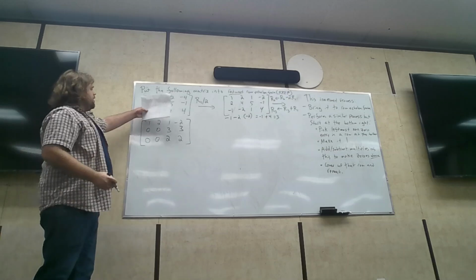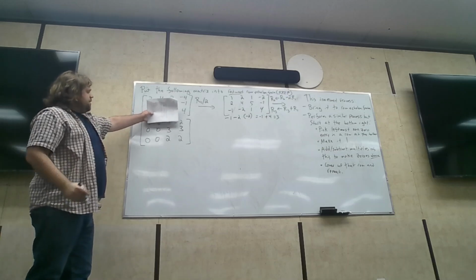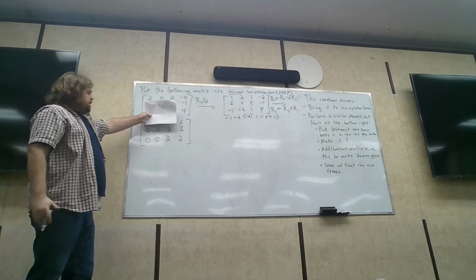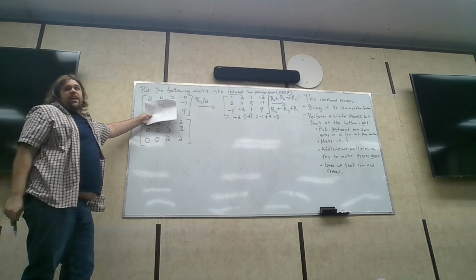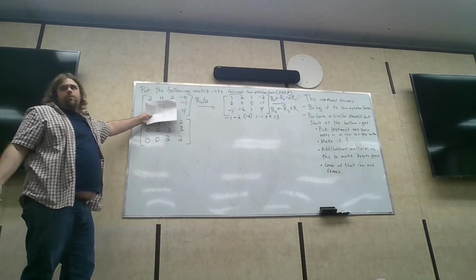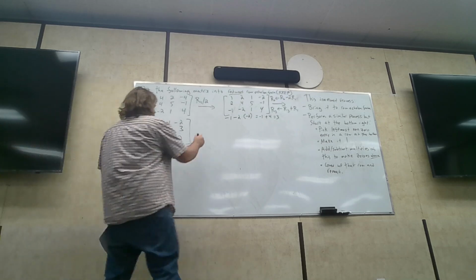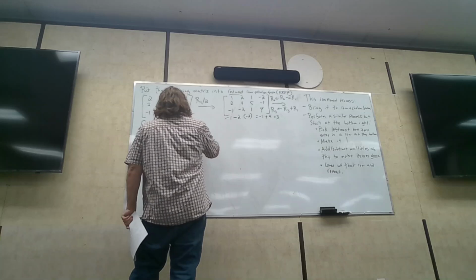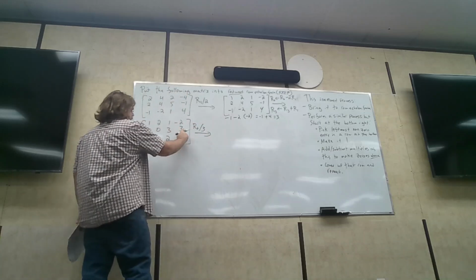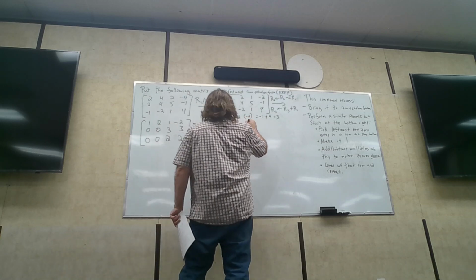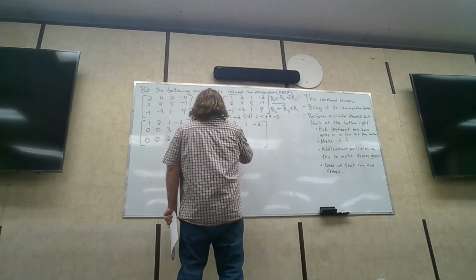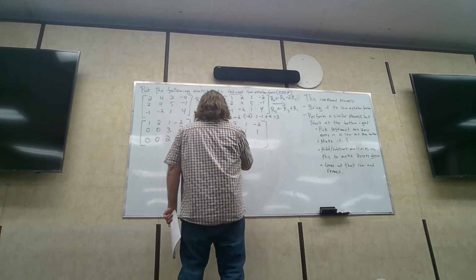Now we cover up this row we just dealt with and repeat. So we take one of these and make a 1 at the top left. Well, it doesn't matter, either of them will work. So I'm just going to be lazy and say row 2 divided by 3. We're going to divide that by 3. 0, 0, 1, 1.